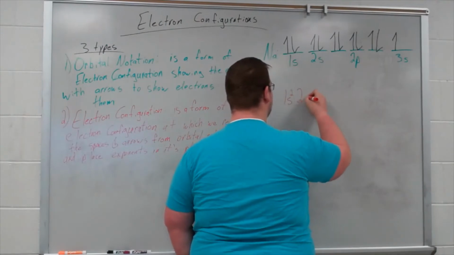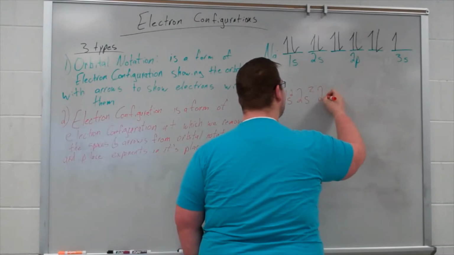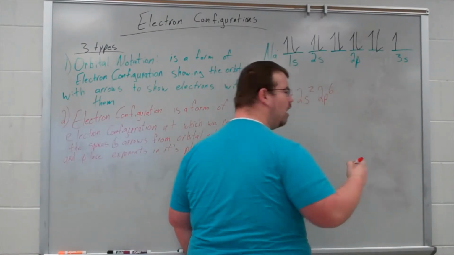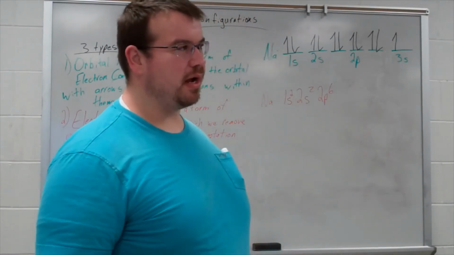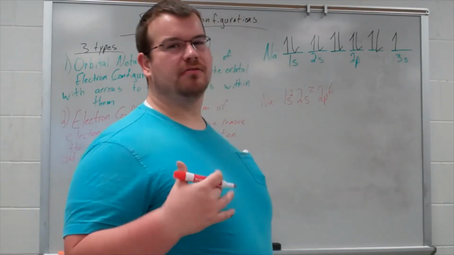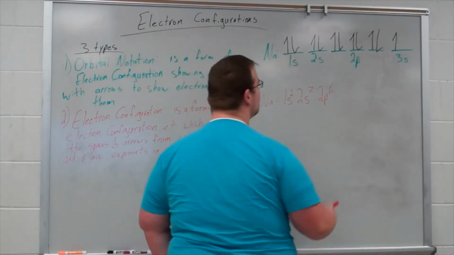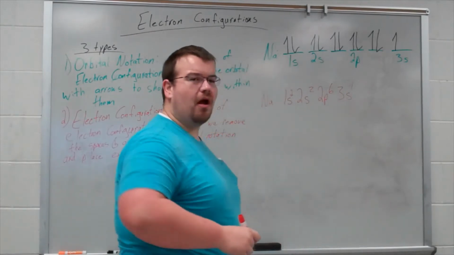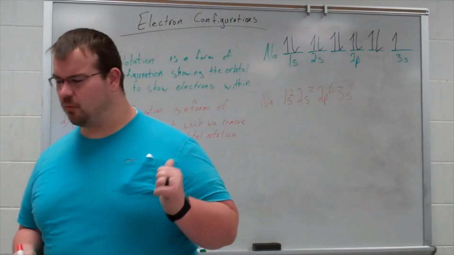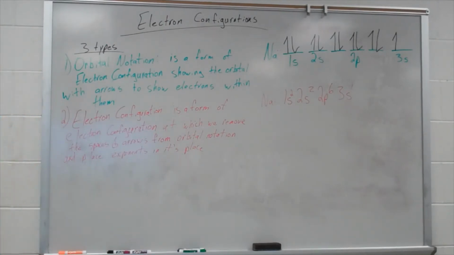So you have 2s2, you have 2p6. Please notice that I'm not saying 1s squared, 2s squared, 2p to the power of 6. I'm saying 1s2, 2s2, 2p6, 3s1. Now I think you can automatically see why we like this one more than the orbital notation. How much quicker it is.